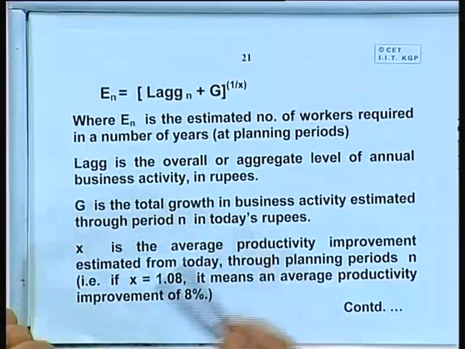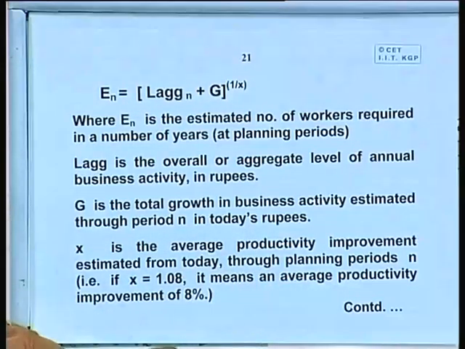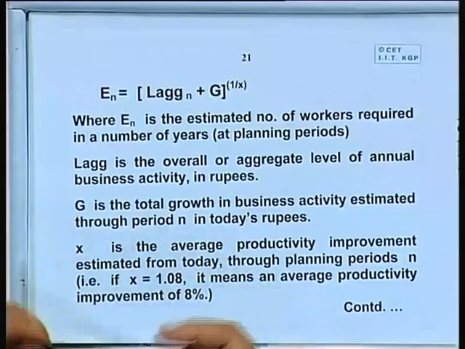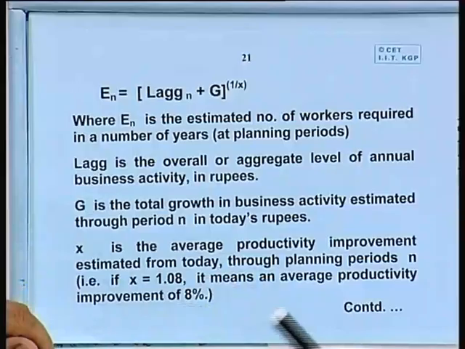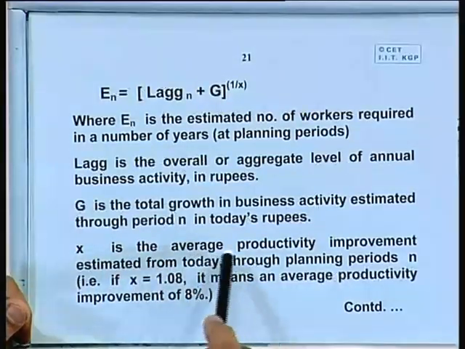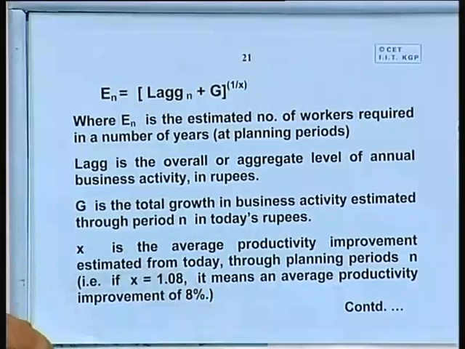How do you estimate this? You have the other methods available, isn't it? You may do it by management judgment method. What is the estimate of future business? You may do it by trend analysis method, but this will be one of the inputs to this equation. X is the average productivity improvement estimated from today.